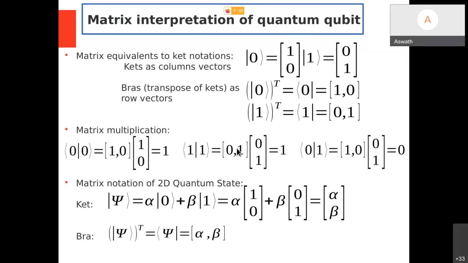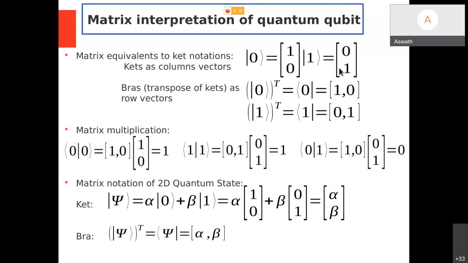Obviously, we have a binary version, 0 and 1. So 0 ket I will represent as a column vector 1 0, right? 1 ket as 0 1. This is one statement and this is another statement. There is no multiplication here, please don't confuse. 0 ket is represented as column 1 0. 1 ket is represented as 0 1.